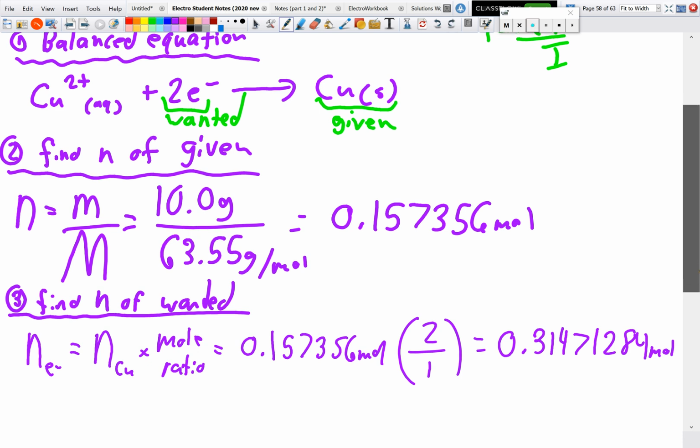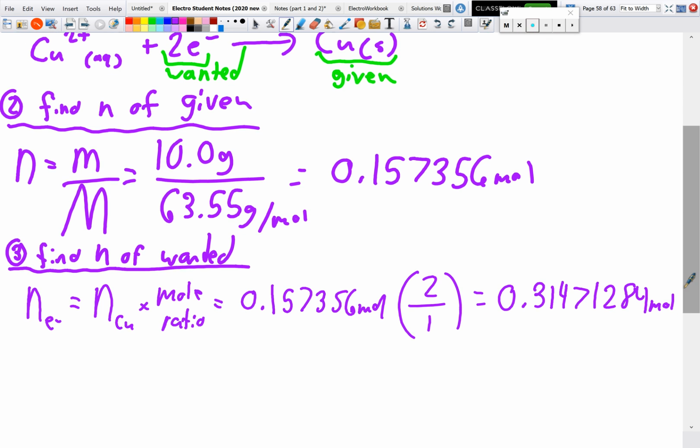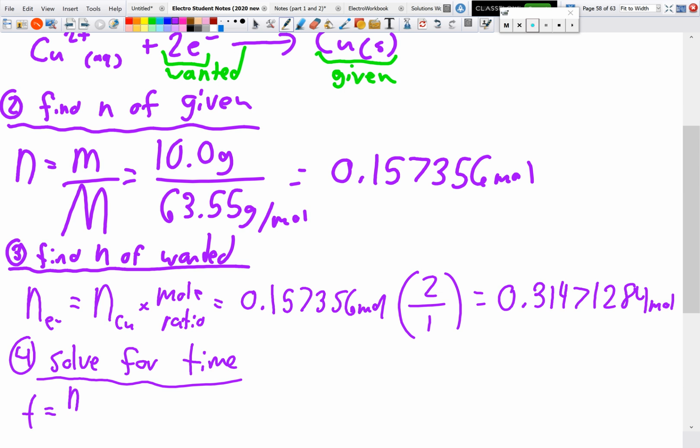And finally, now that we have that, our fourth step in stoichiometry is to solve for time. Once again, time is just equal to number of moles of electrons times our Faraday's constant all over our current.